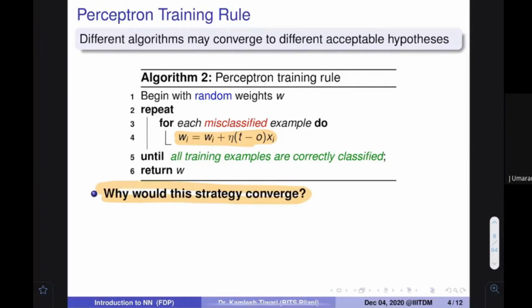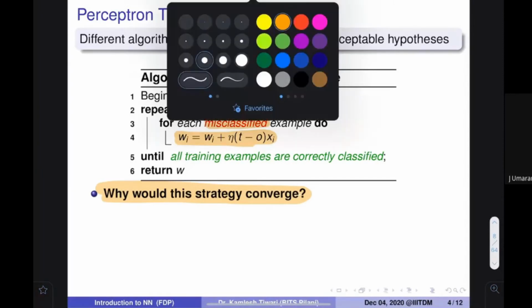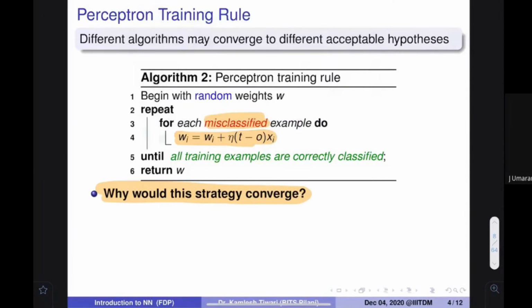Just focus on the misclassified things, where the problem is. Where is the misclassification? Just focus on the places where there is a misclassification. Let's assume the items are positive and negative. When the item is +1, it is misclassified if you give me the classification as -1.